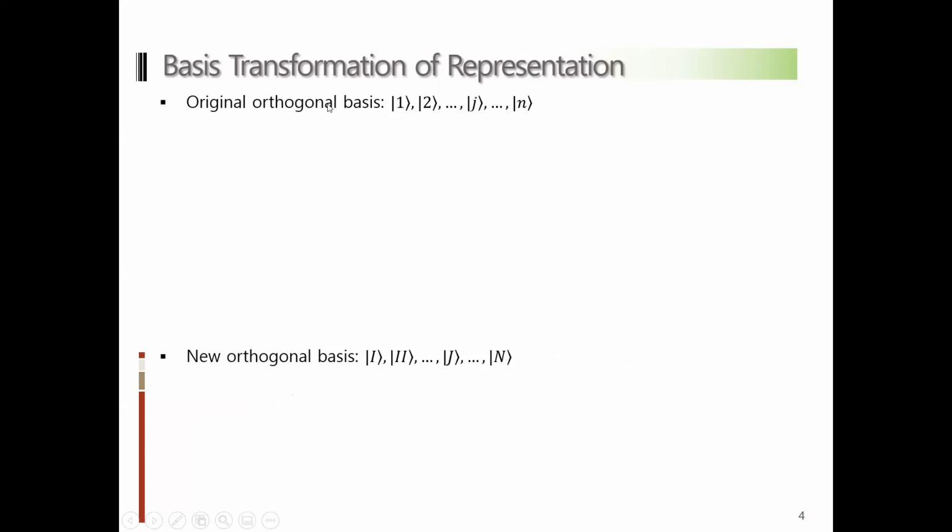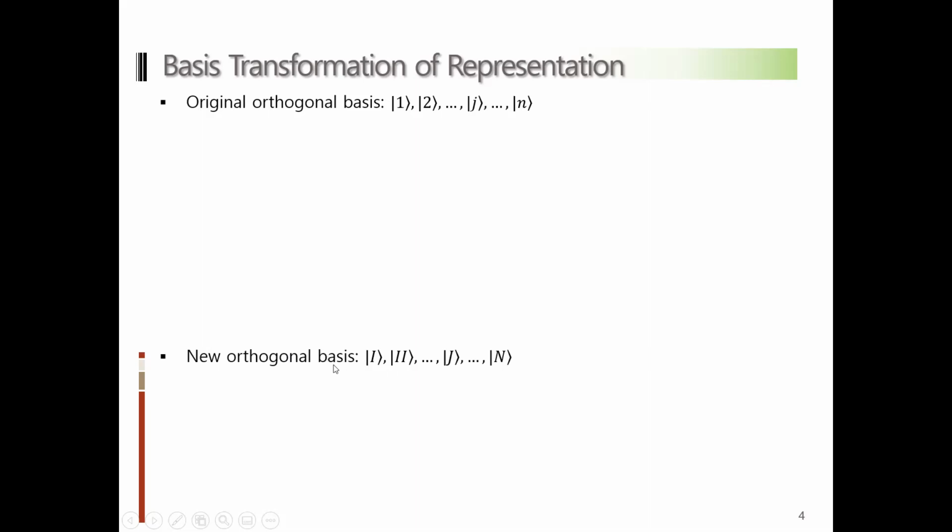So what we want to do is the following. We assume that there is some orthogonal basis, which I will call the original orthogonal basis, expressed with Arabic numerals like 1, 2, and n. Then what I want to do is use a new orthonormal basis, and I will use Roman numerals to represent the new basis.